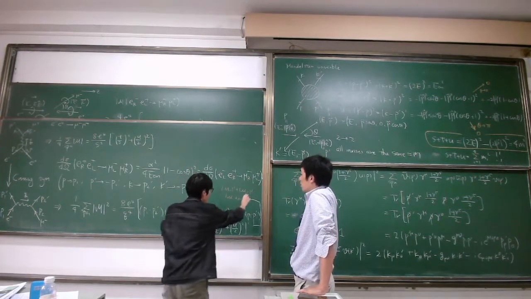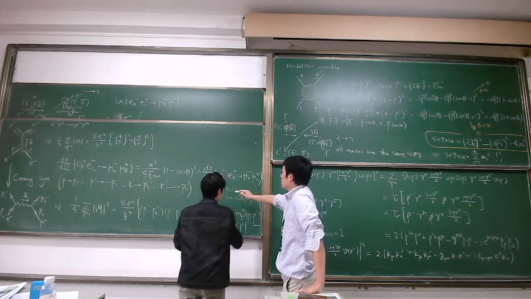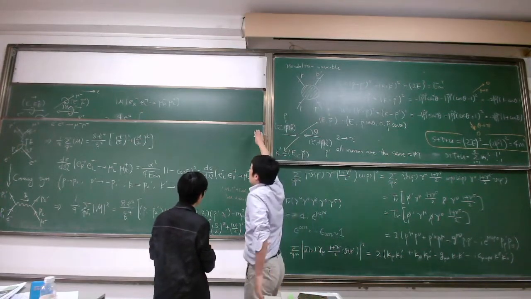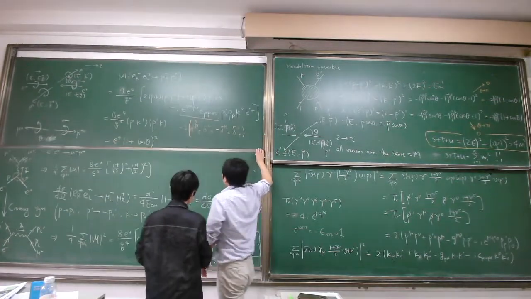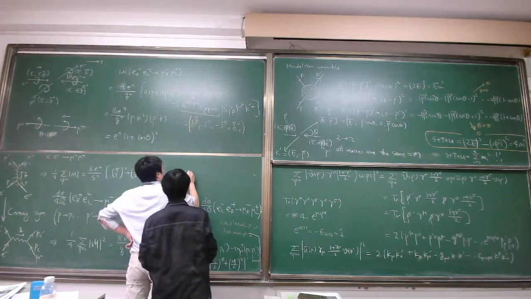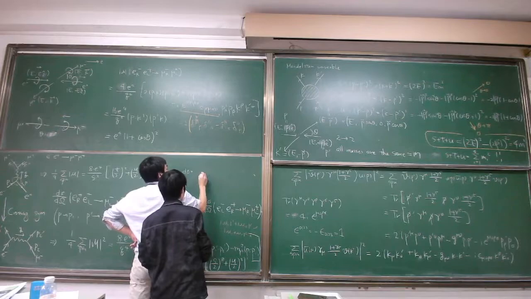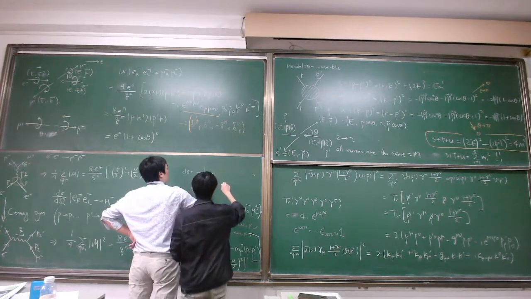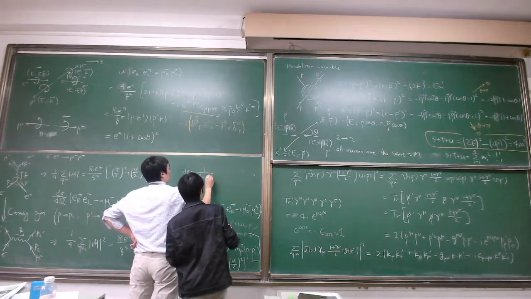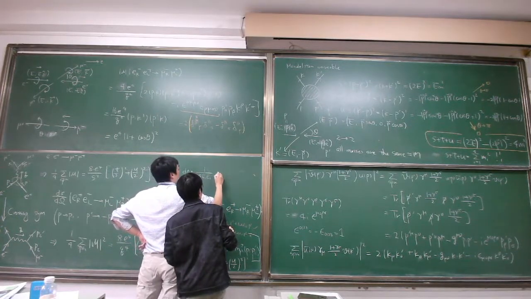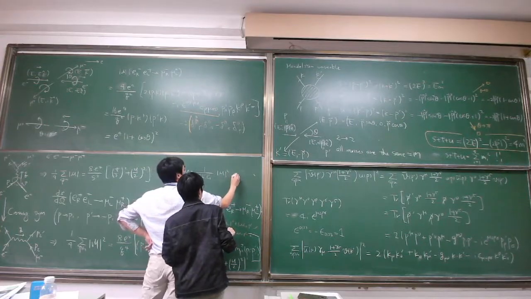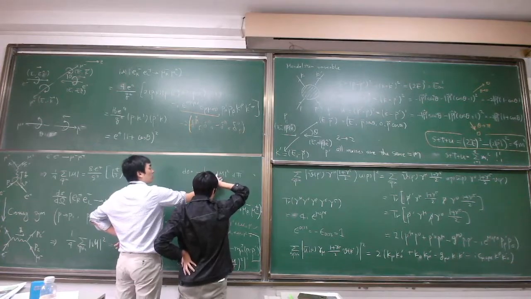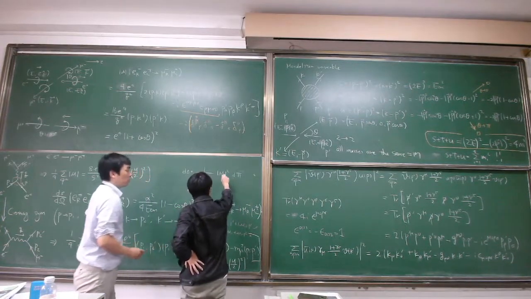Because we know that each amplitude, d sigma is equal to some kinematic factor times something, and then squared. So each process will give you this, so you need to sum up.